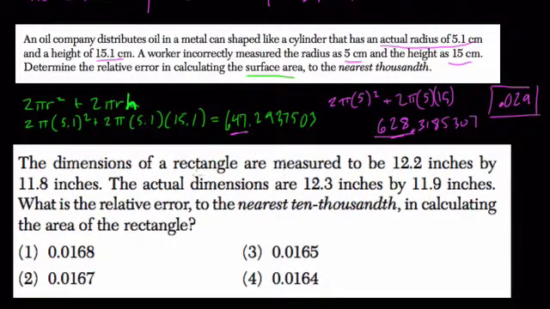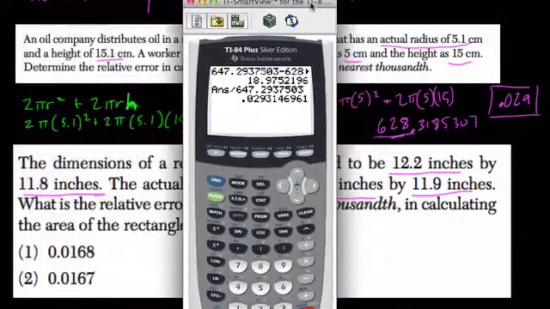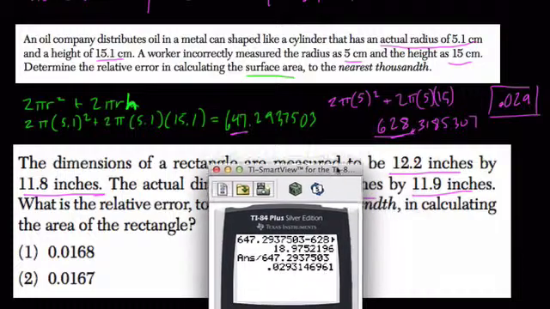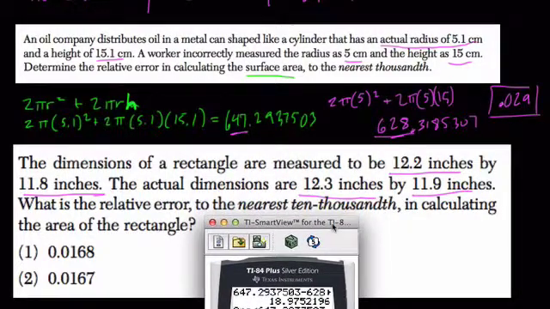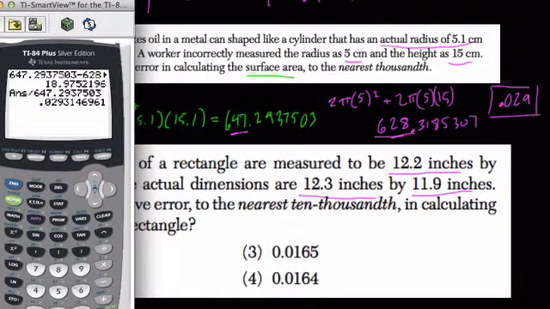And these kind of problems repeat themselves here. Again, we have the dimensions of a rectangle here, 12.2 by 11.8. But we should have gotten 12.3 by 11.9. What's the relative error? Okay, so for area, we should have gotten 12.3 by 11.9. So that's our actual. Let's find the area. 12.3 times 11.9.